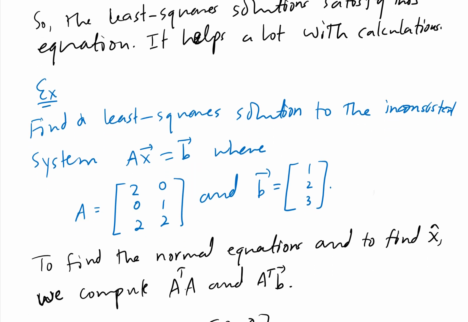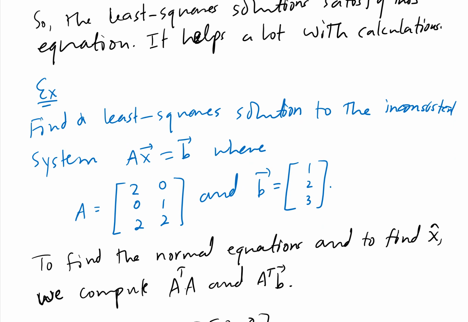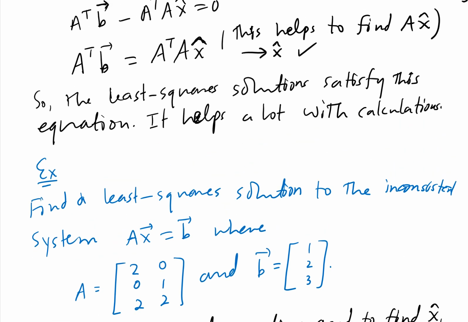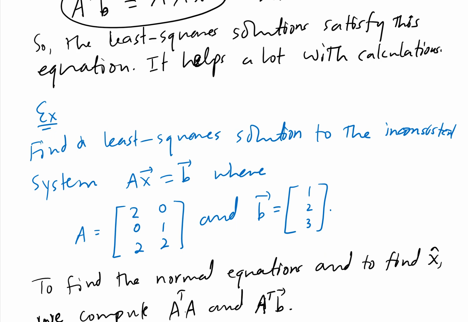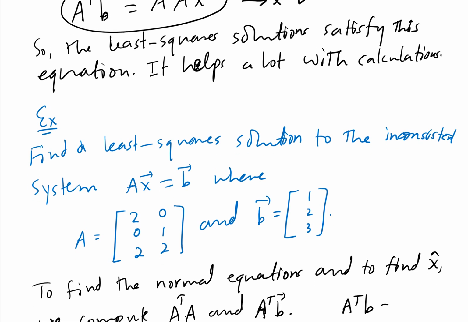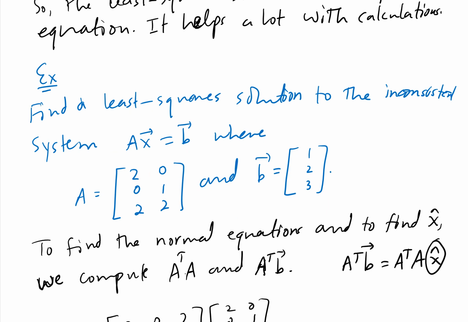To do so, we need to calculate A transpose A and A transpose b. Why? Because of this equation. We said A transpose b equals A transpose A x hat. So to find x hat, we need to find this one and this one, and then from there, we can solve for x hat.